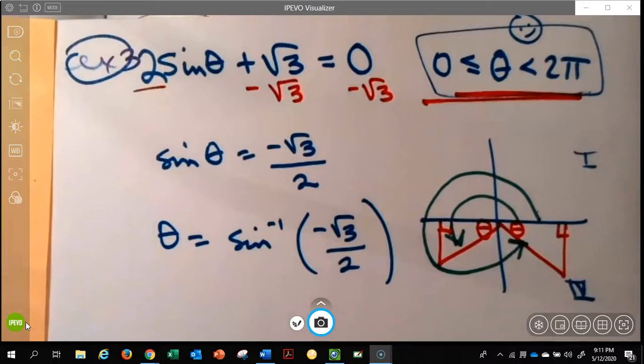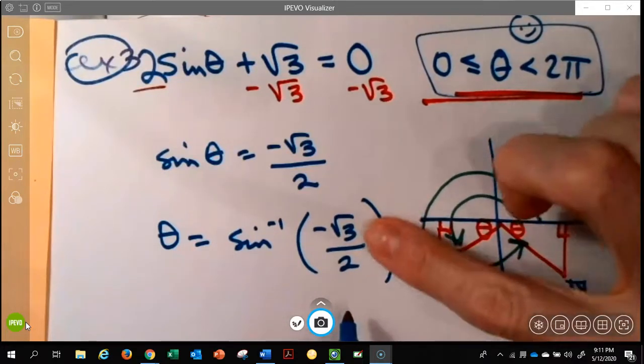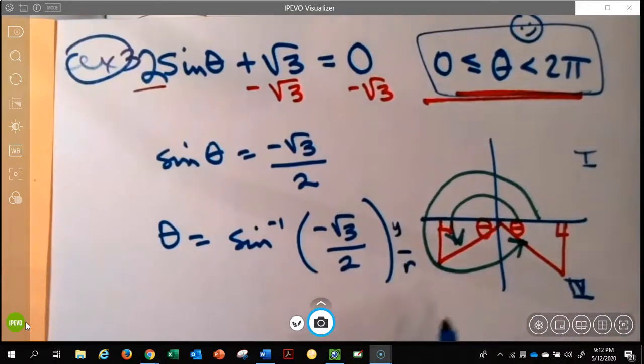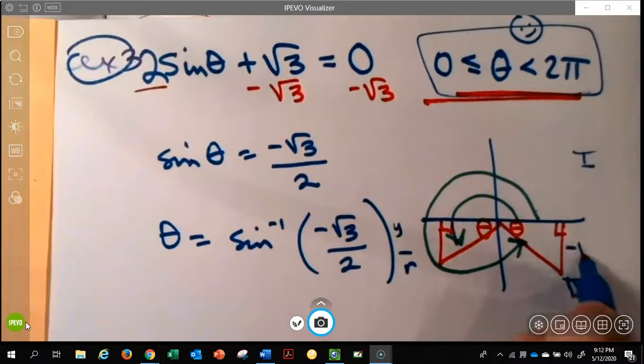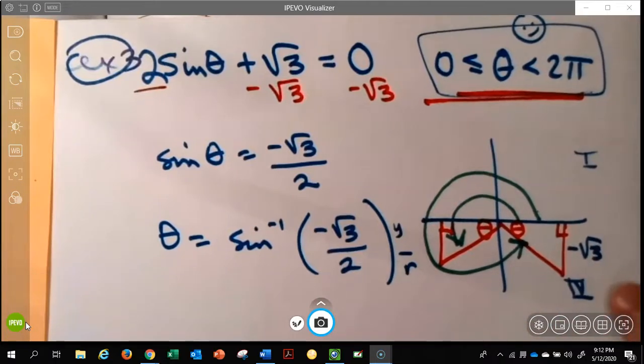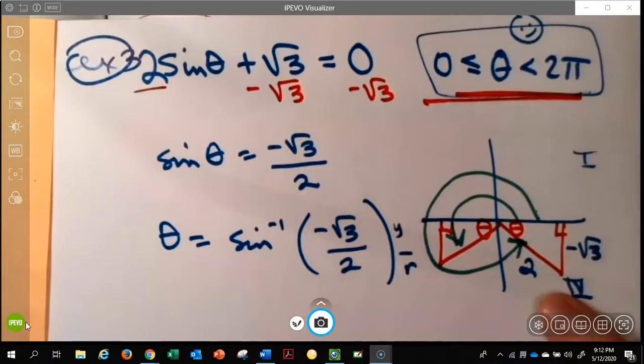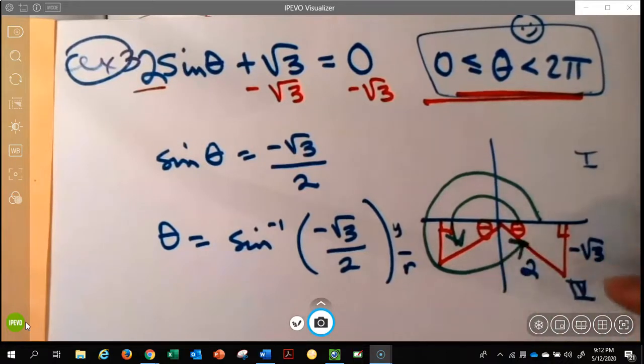So I told you earlier that I like to go ahead and draw on these, get my numbers, just to see a visual of what's going on. So I'm going to start here, that sine is y over my r. Since it is, I'm going to go ahead and put the negative square root of 3 here because it represents y and it's negative. My r is not going to ever be negative. It is a distance, it's a radius.